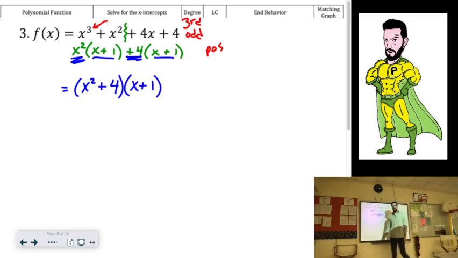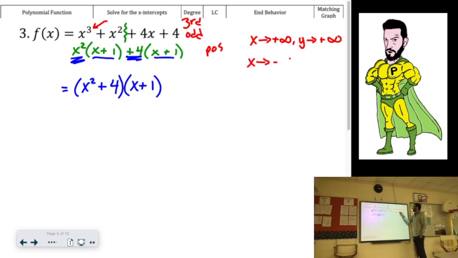So when it's positive and it's an odd degree, that means it starts low and ends high. So as x approaches positive infinity, so does y. As x approaches negative infinity, so does y. So we'll do that. X approaches positive infinity, y approaches positive infinity. As x approaches negative infinity, y approaches negative infinity.